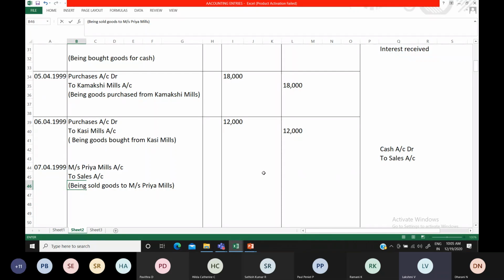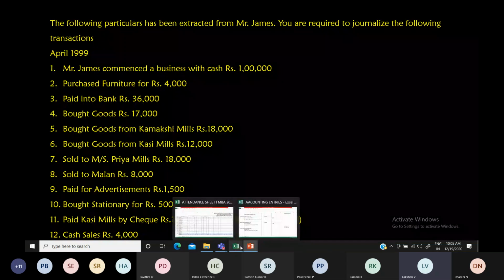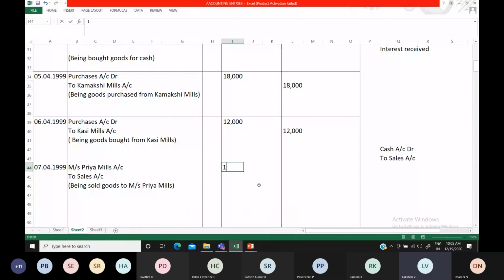Just mention it in simple language, and write the amount, 18,000, in the debit column and the same amount in the credit column. Okay, so this is our 7th day transaction.